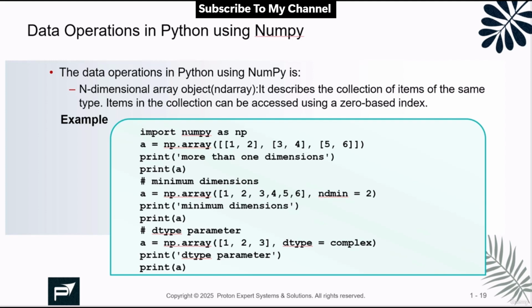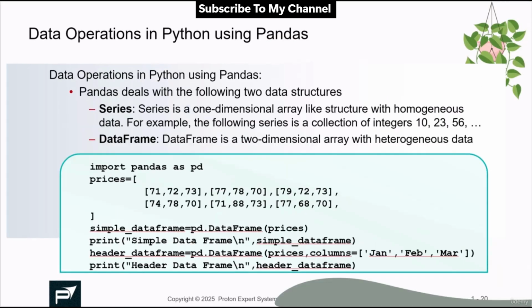You can also have a look at the example of data operations in Python using NumPy. Data operations in Python using pandas. Pandas deal with the following two data structures: series and data frame. You can see the example of data operations in Python using pandas.